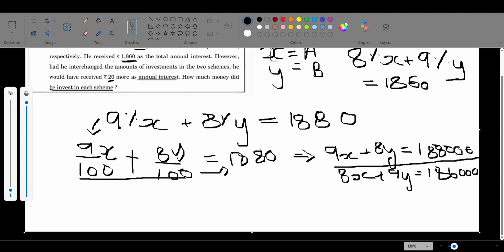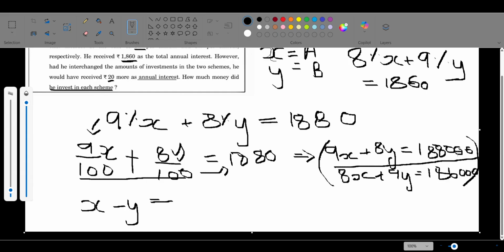Let's check. 17 into 22 is 374. Yes, it divides. So instead of multiplying, we can just do the normal method we used to do. You subtract these equations, and you add these two equations. So if you subtract, you get x minus y equal to the difference.